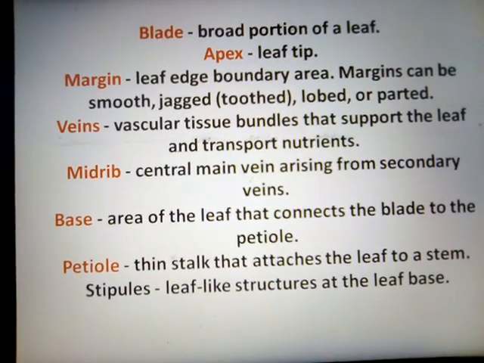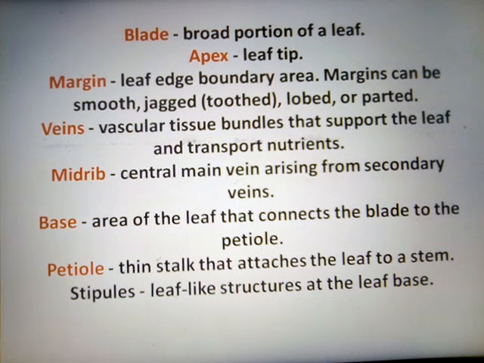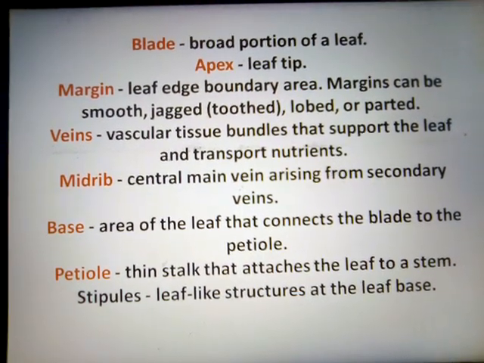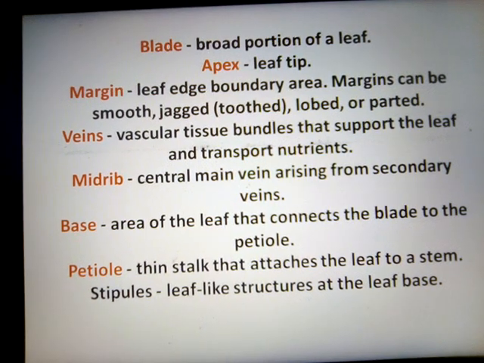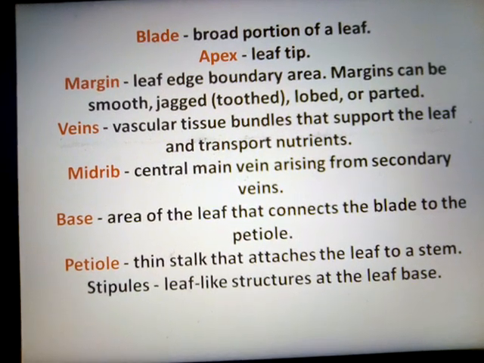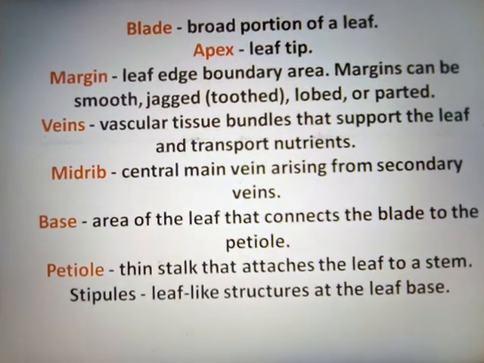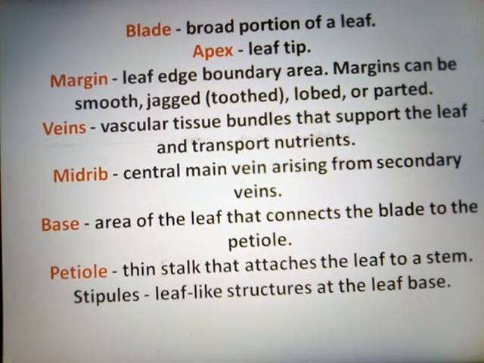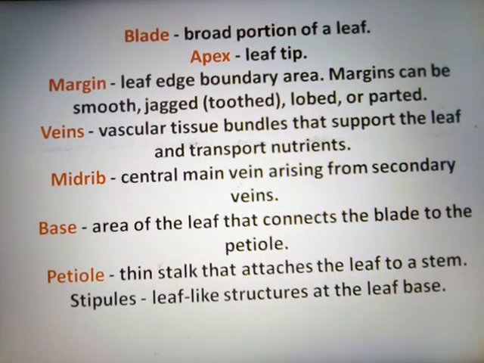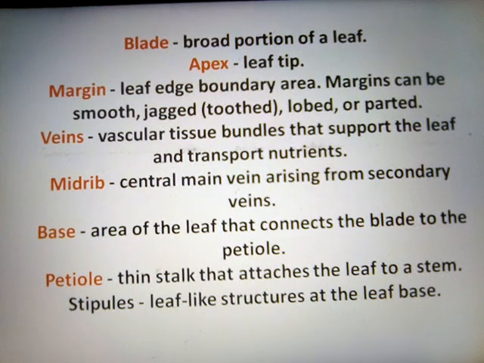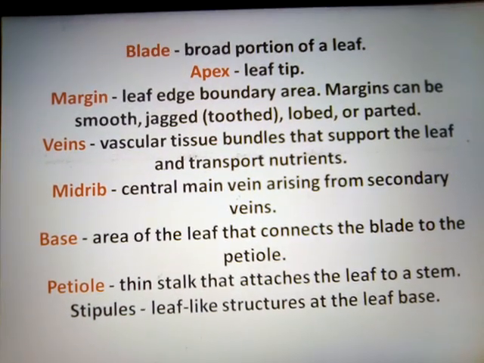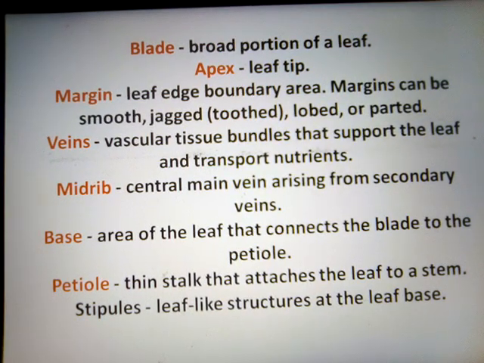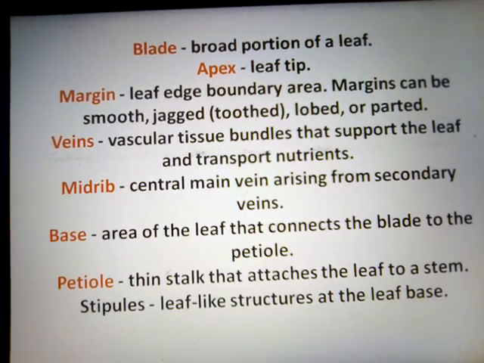The base. This is the area of the leaf that connects the blade to the petiole. Petiole. This is a thin stalk that attaches the leaf to a stem. Stipules. These are leaf-like structures at the leaf base.